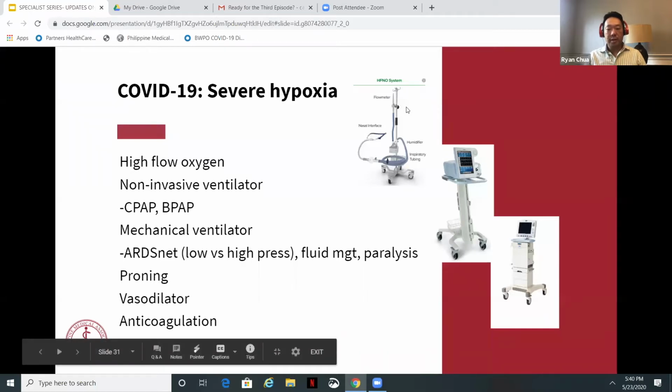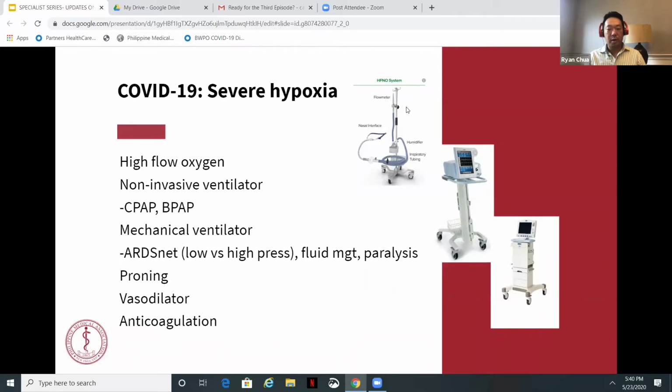So there's the high flow device that we have the mouse on. This high flow device provides not just oxygen, but a higher liter of flow, even up to like 60 or 70 liters. And technically what this high flow of oxygen does is it takes away the dead space ventilation.